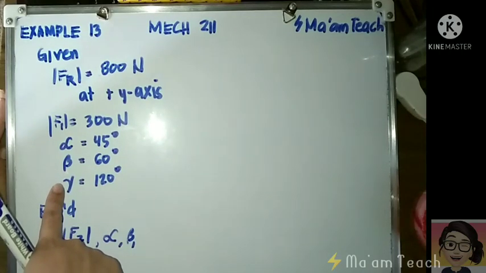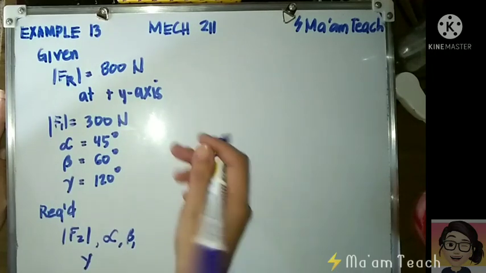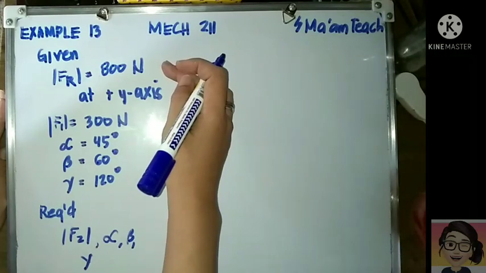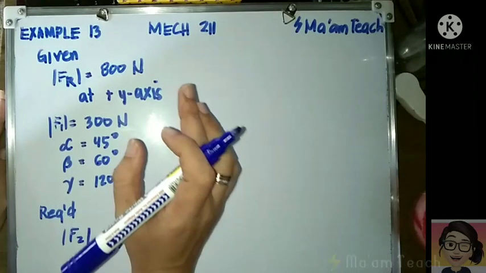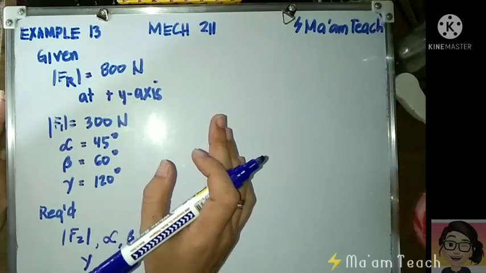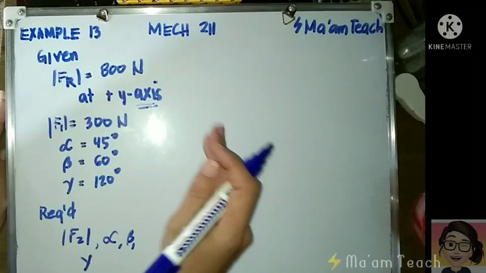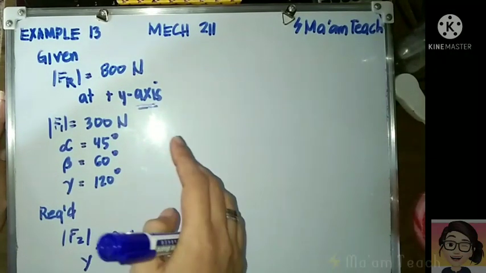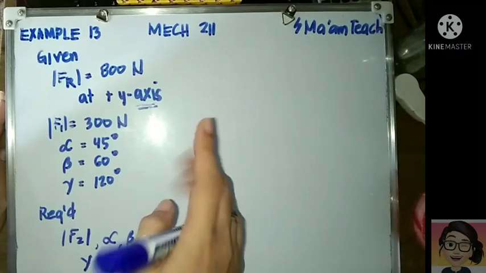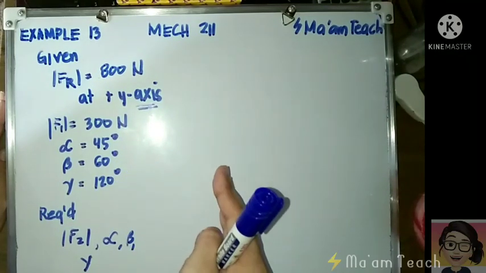Also class, the resultant force of F sub 1 and F sub 2 is given, which has the magnitude of 800 newtons, and take note, it is along the positive y-axis. So what does that mean? That means, class, since it is exactly on the y-axis, it doesn't have x and z components.